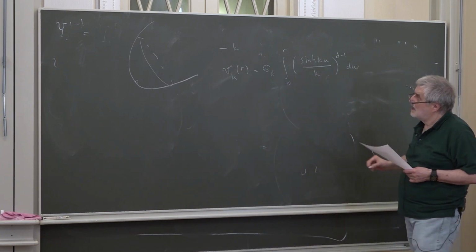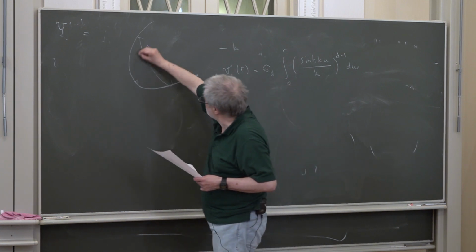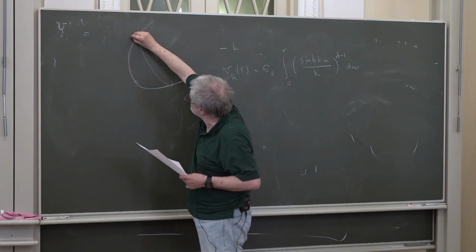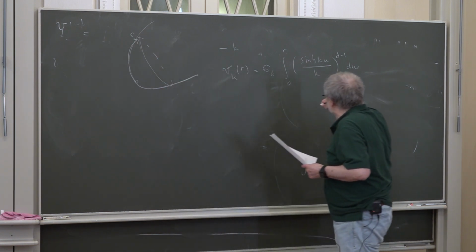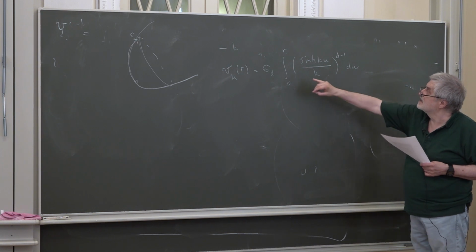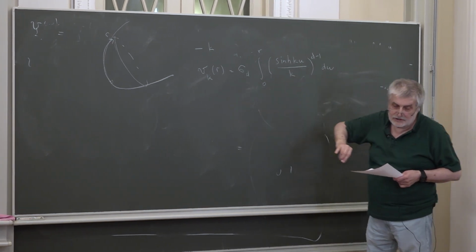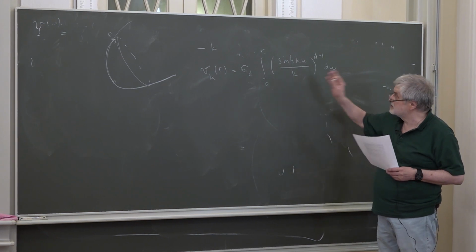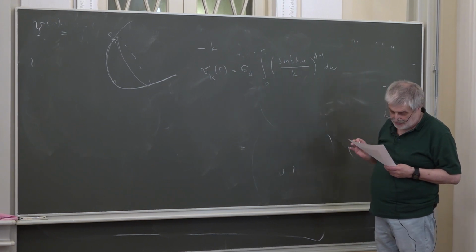This is the ball, for example, of hyperbolic radius r, and this is the hyperbolic sine, and sigma d is the volume of the unit ball in the d-dimensional Euclidean space. It's an explicit formula, it's known.